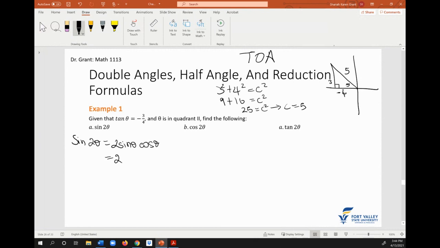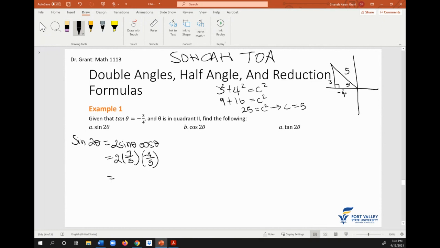Now, sine theta, if we look at this triangle that we just drew, I'm not sure if you guys already know this, so I'll just write it here. So sine is opposite over hypotenuse, so sine of theta is 3/5. Cosine of theta is going to be negative 4/5. And then we simplify.